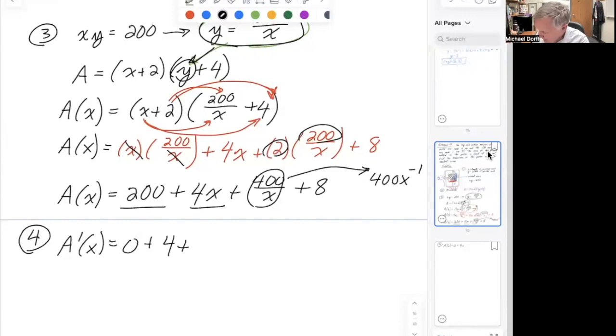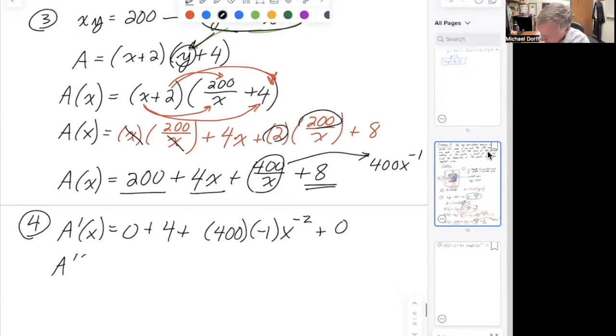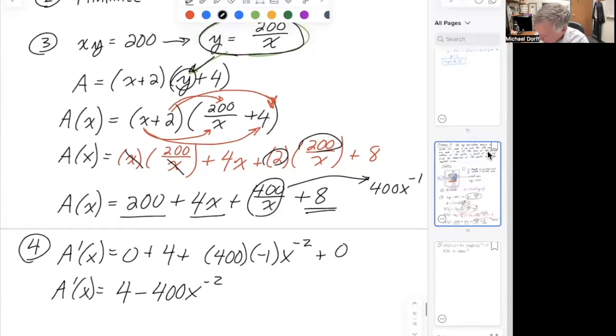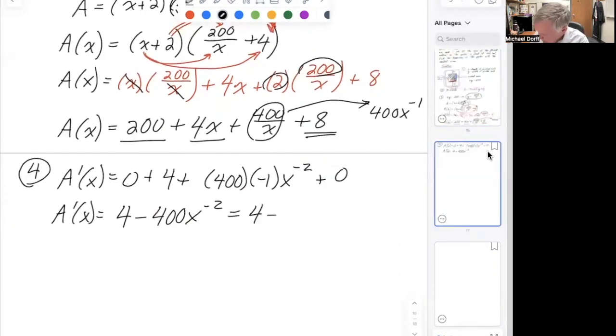So when I take the derivative of that, I bring the negative 1 out front, and I'm going to get 400 times negative 1 X to, and I reduce the exponent by 1, so I'm going to get negative 2 there. And then finally, I have the derivative of 8, and that's going to be 0. So my derivative here is going to be 4 minus 400 X to the negative 2, which I can write as 4 minus 400 over X squared.